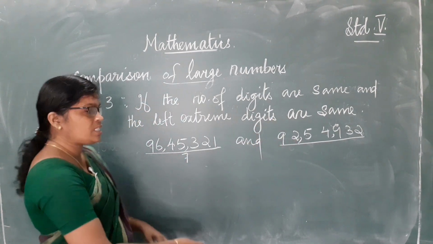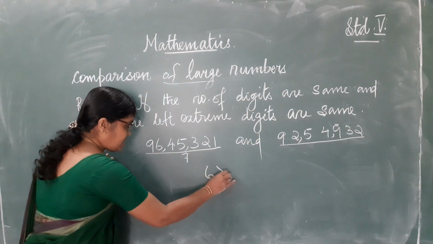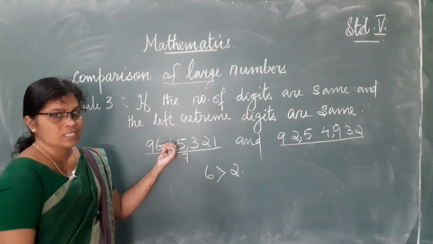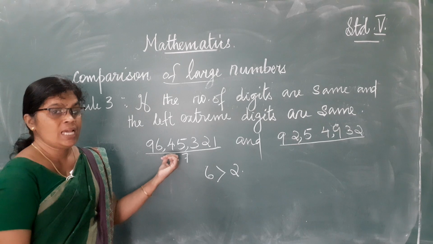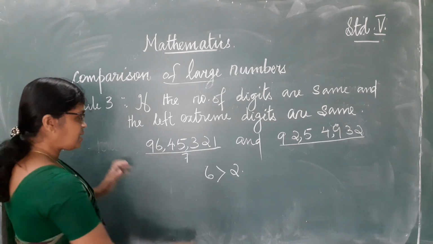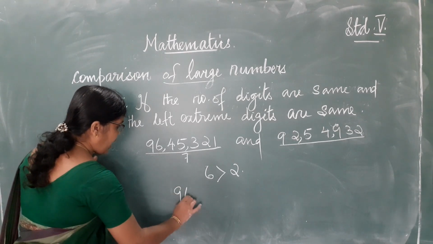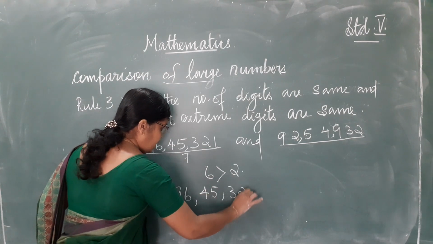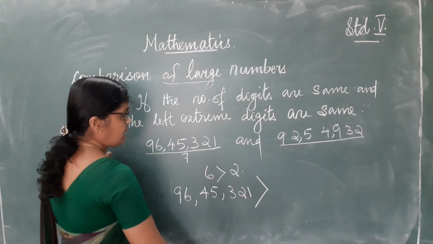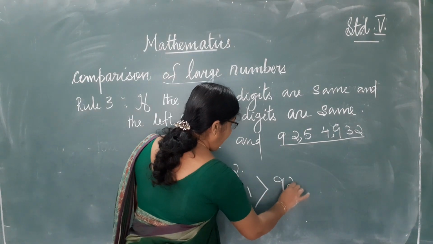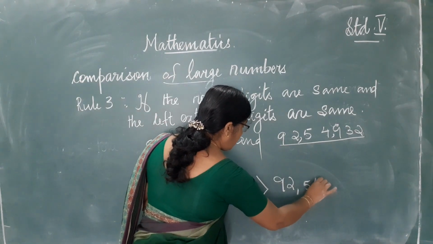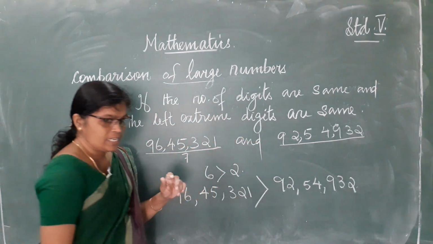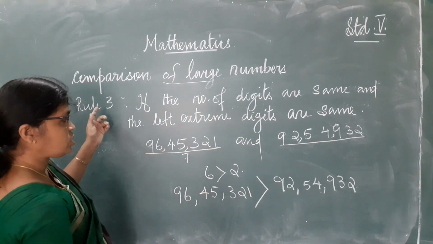So 6 is greater than 2. So of course where 6 comes, that number will be the greater number. That is, 96 lakh 45,321 is greater than 92 lakh 54,932. Right? So this is the next rule.